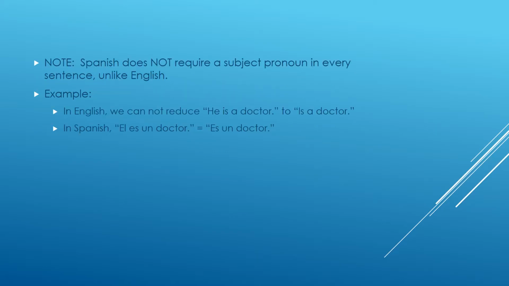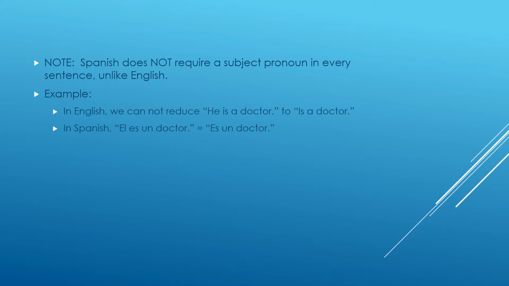Now, this is an important note. In Spanish, the subject pronoun is not as important as in English. In English, you would never change the sentence, "he is a doctor," to just "is a doctor," because that wouldn't make sense. However, in Spanish, you could say, "él es un doctor," or you could say, "es un doctor."